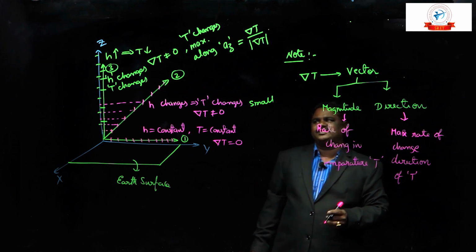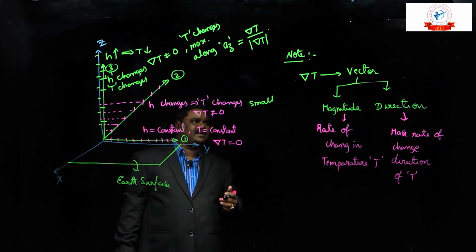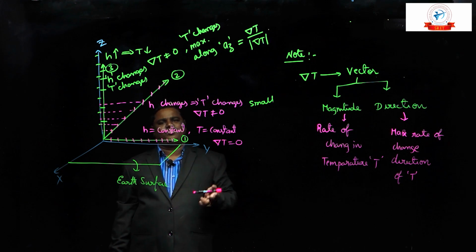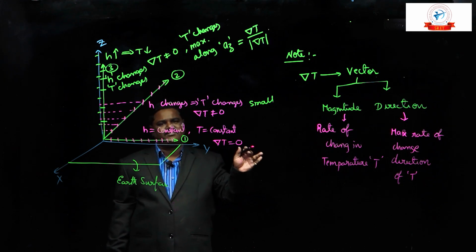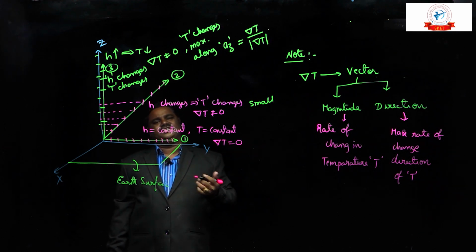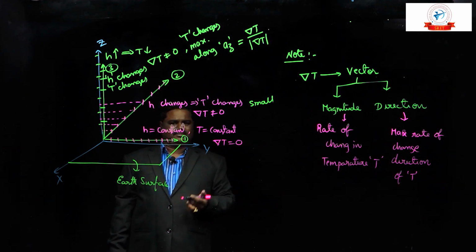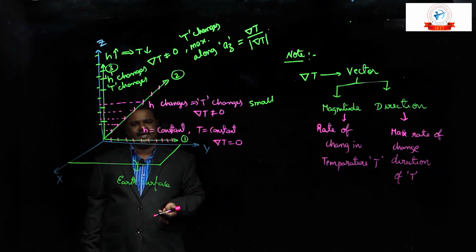Okay. So this is the second important point. With the help of gradient direction, we find 2 points. Gradient direction is always the maximum rate of change direction of temperature T. Also, gradient direction gives us the direction of the T is equal to constant plane. These are the 2 important points you need to understand about gradient. Okay.